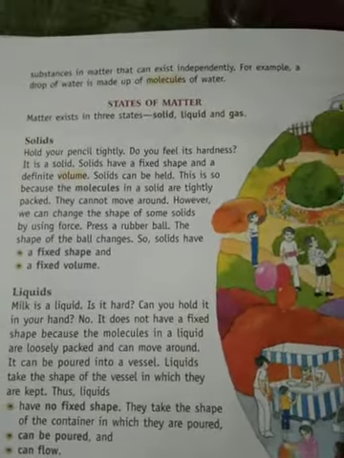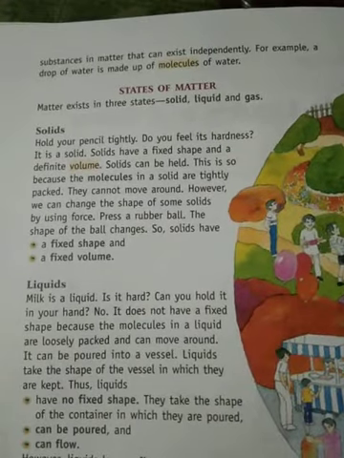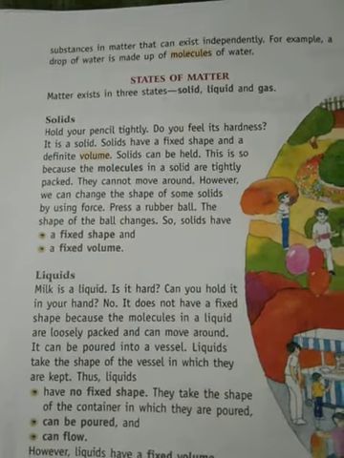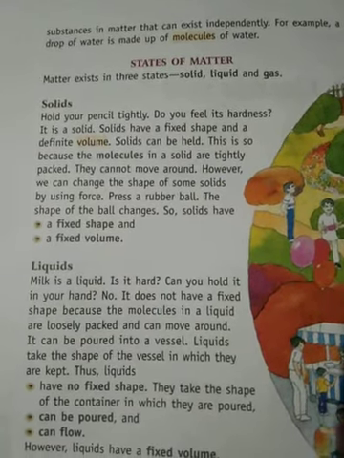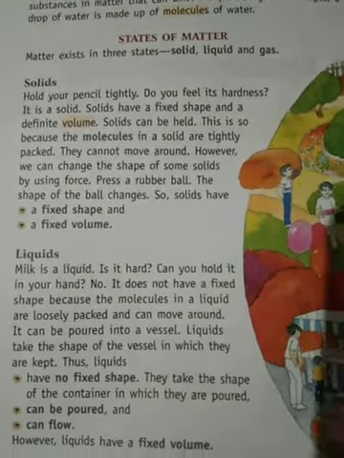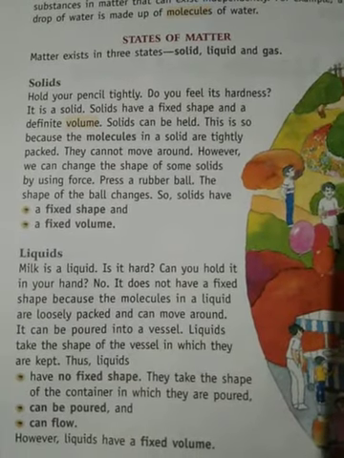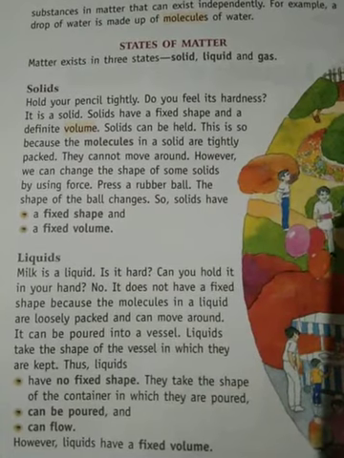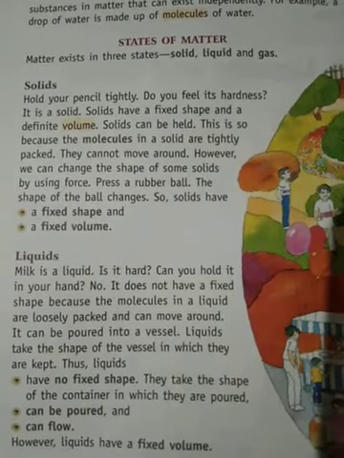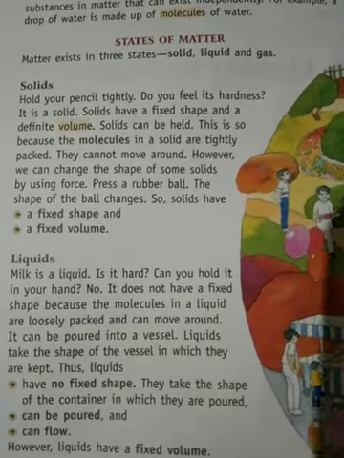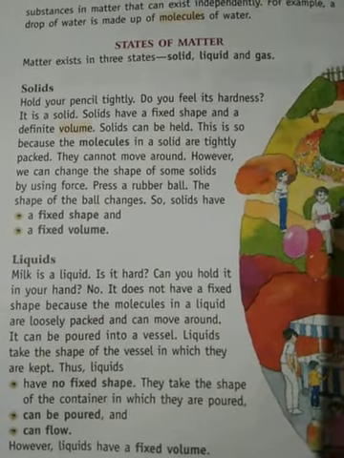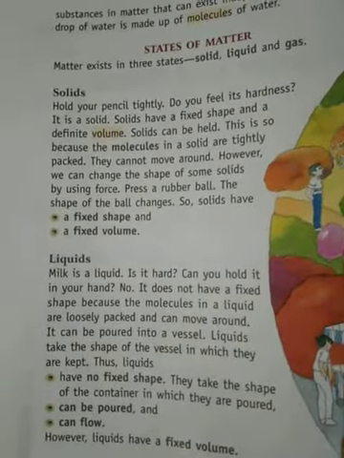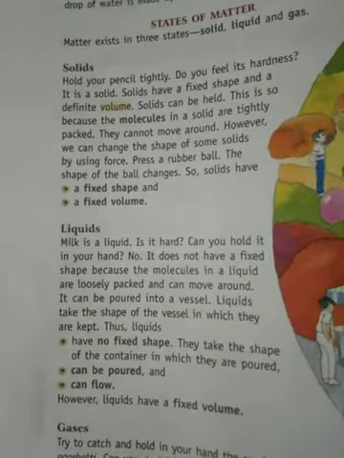I am just making you aware of it, so no need to worry about that. Here you have to remember that there are a total of three states that exist on our earth. Understood? These three states are solid, liquid, and gas. What is solid, what is liquid, and what is gas, we will discuss later in this video.